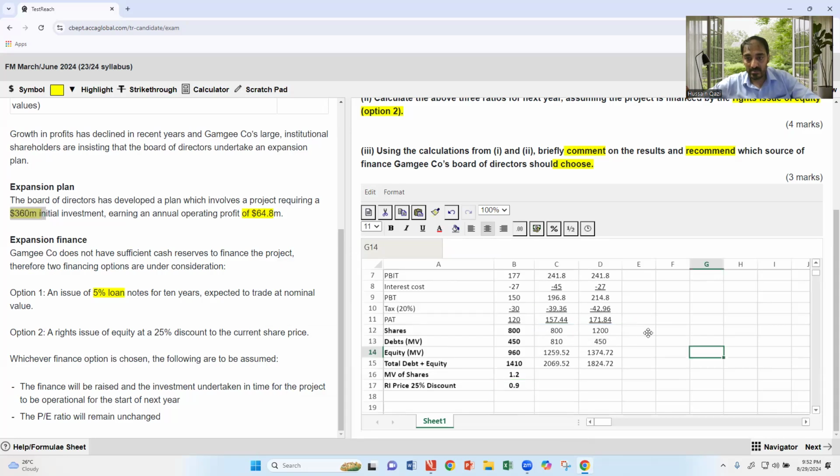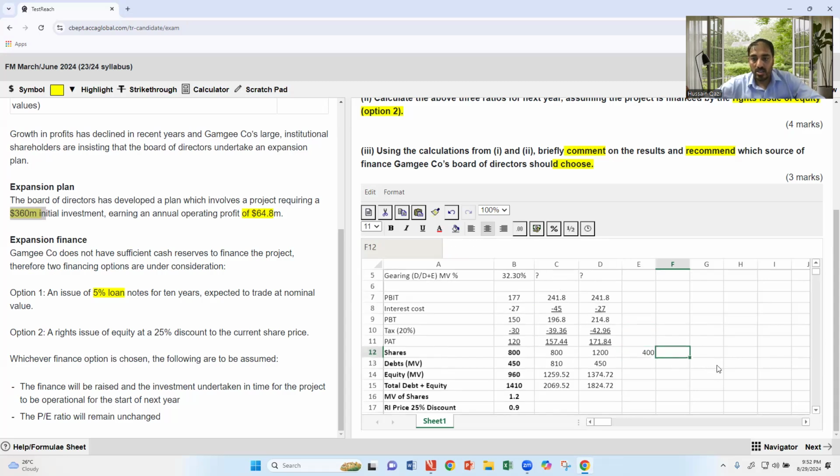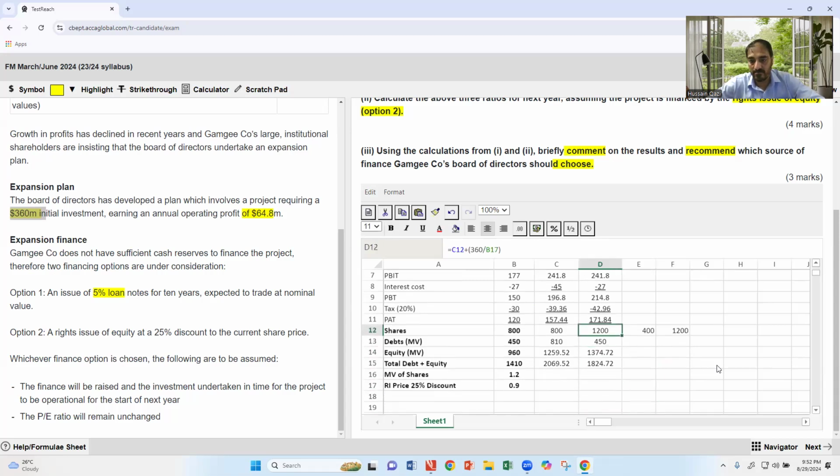So is equal to 360 divided by 0.9. That is 400. So is equal to 800 plus this 400 equals to 1200. This is the number of shares.